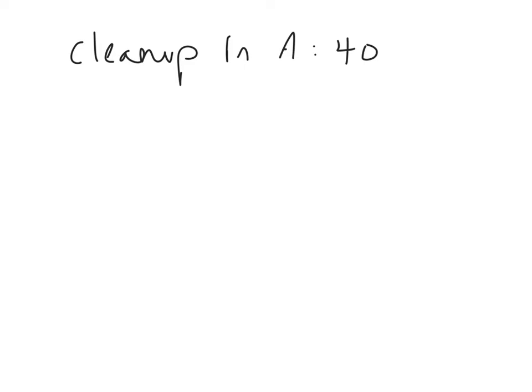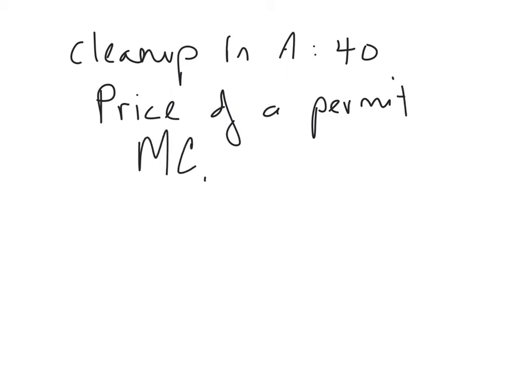We also know that under a permit system or under a fee, marginal costs are equalized across all firms, and thus the country marginal cost would be that equal marginal cost among all firms. So we know that the price of a permit is just equal to the marginal cost in country A. That's all we need to do to figure out what a permit sells for in country A.